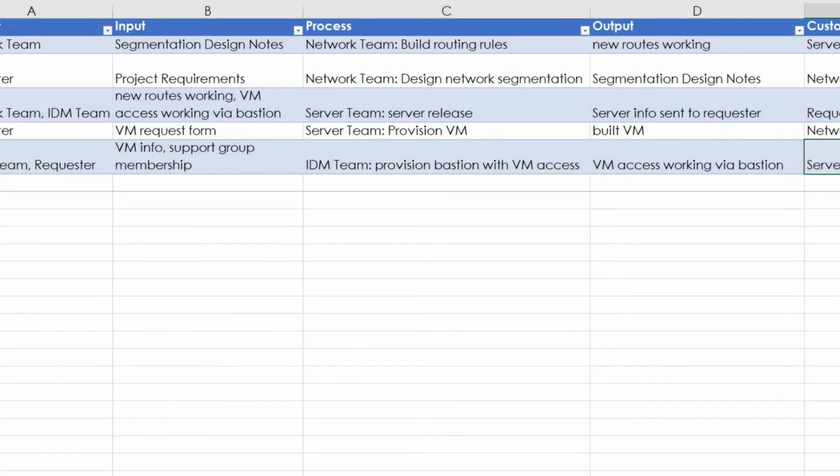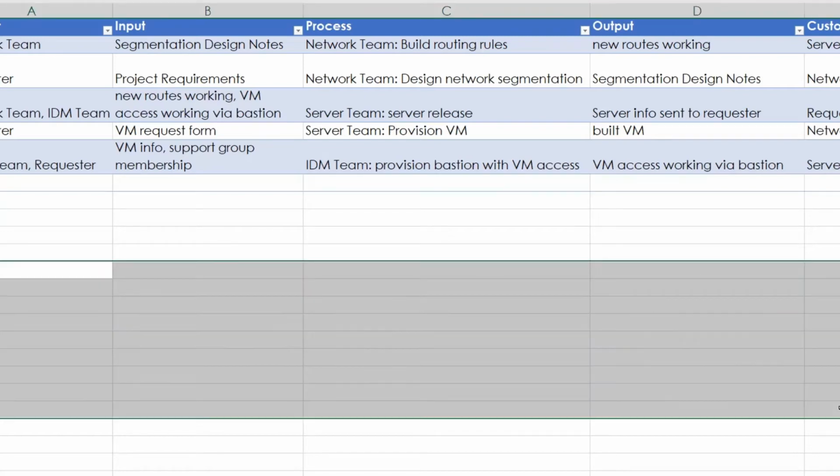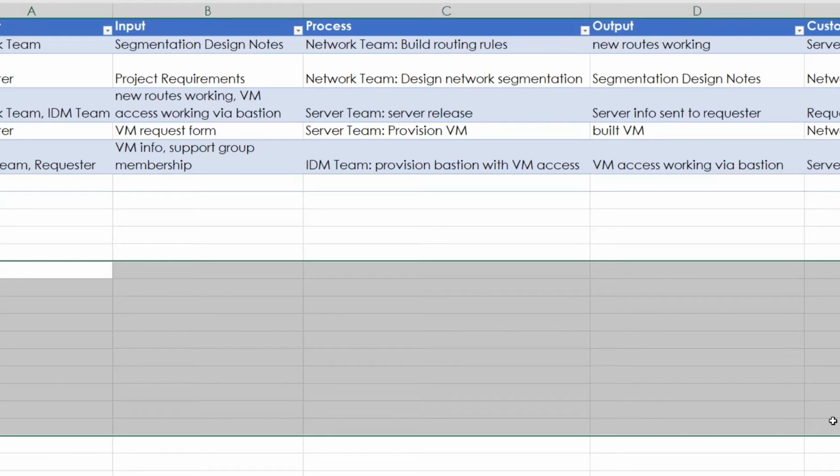And the great thing about a SIPOC is it's very easy to brainstorm in a non-judgmental way. There's no wrong answers almost, as long as you follow the format. People can keep brainstorming more and more unit processes. And at some point you might say, okay, that's fine, after you're done brainstorming, we'll talk, and let's cover those in a different picture.